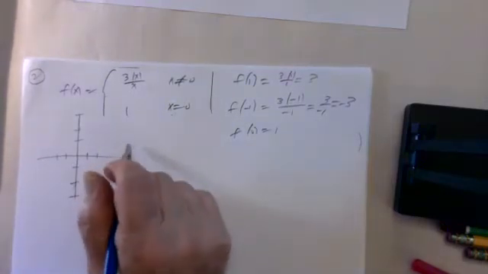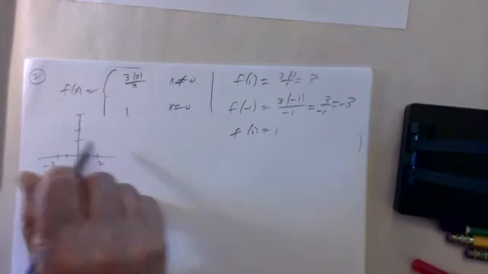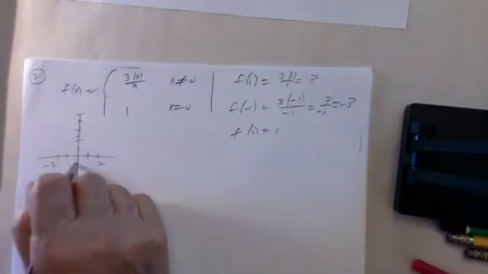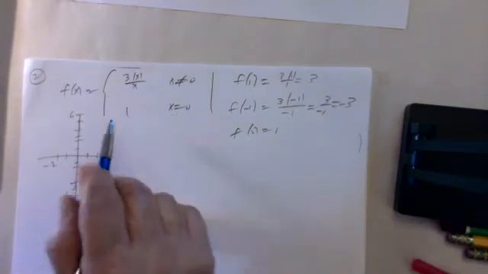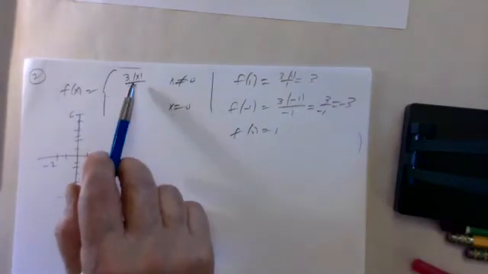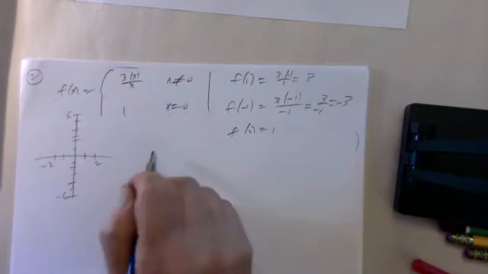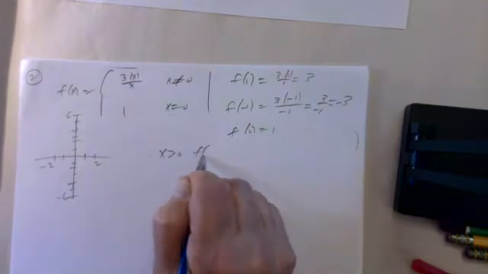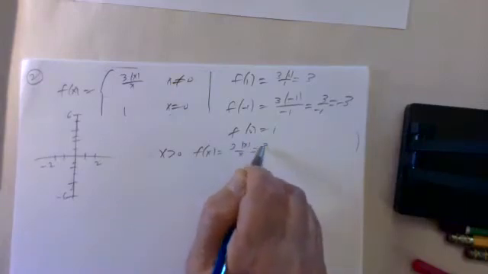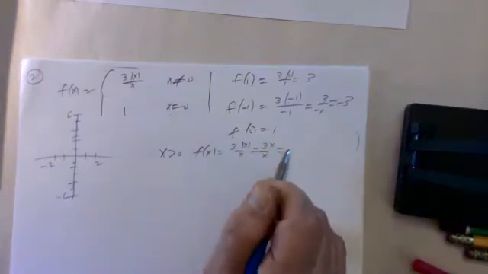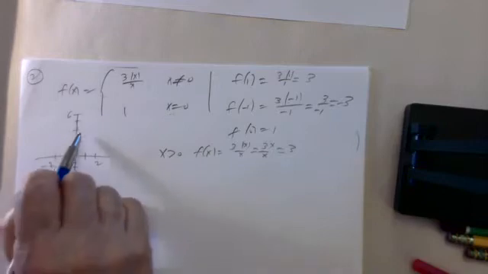If we want to graph f of x from minus 2 to 2, when x is positive, f of x is 3 times the absolute value of x over x, which is 3x over x, which is 3.